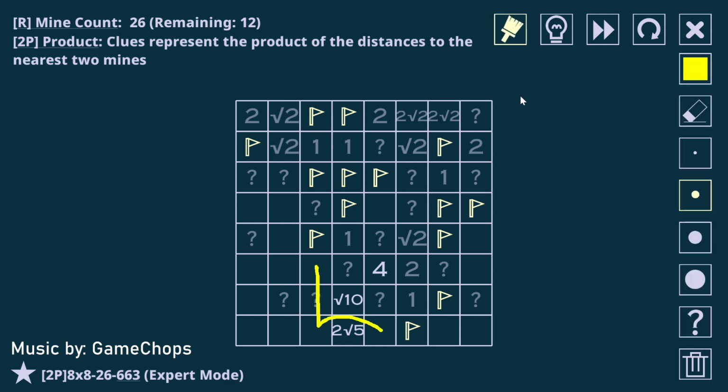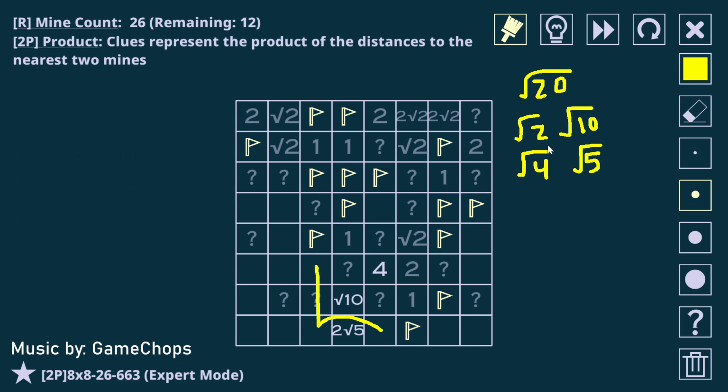2 root 5 is root 20, which is either... there's so many ways to do it. You either have root 2 root 10, which is unlikely, you have root 4, root 5. Is that it? Oh, I think that might be it. Yeah, that's it. Okay.